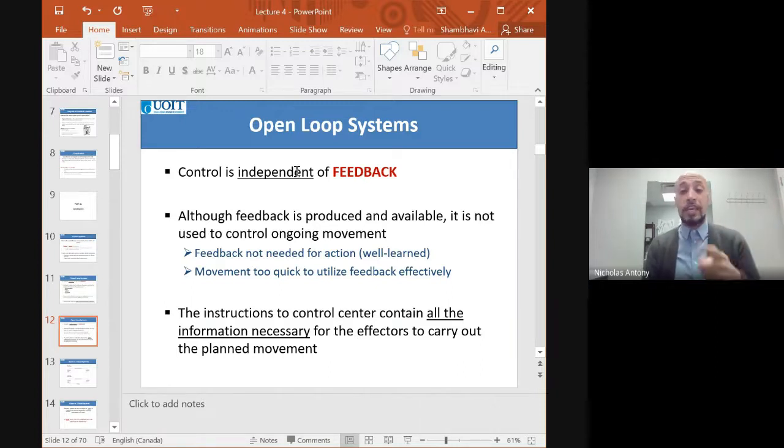And so in an open loop system, your motor control is independent of feedback, and therefore what the brain is sending out to the muscles has to contain all of the information necessary to carry out the full movement from start to finish.